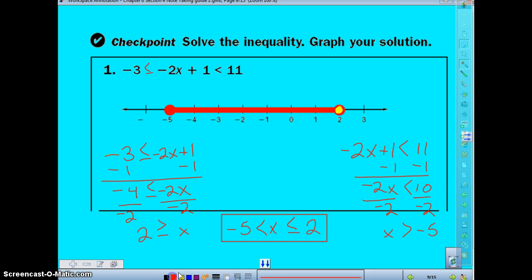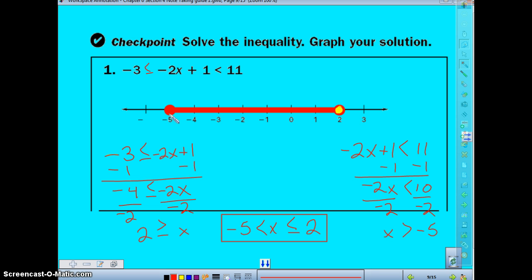All right guys, this is what I came up with. For the first part, I came up with 2 is greater than or equal to x. Don't forget that since you're dividing by negative 2, you have to flip that sign. And over here I came up with x is greater than negative 5. Combined into one inequality, negative 5 is less than x is less than or equal to 2.